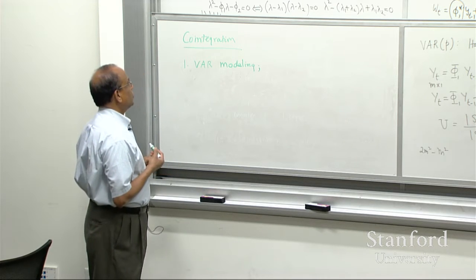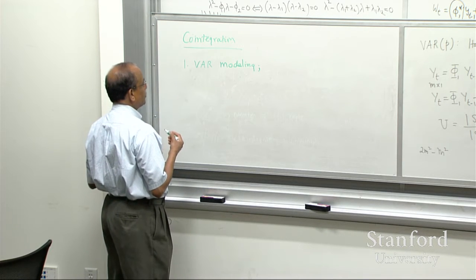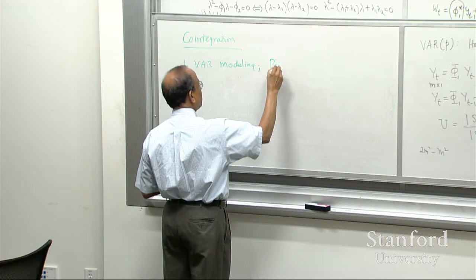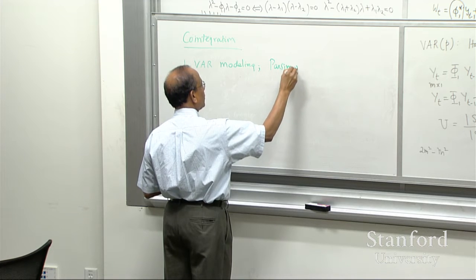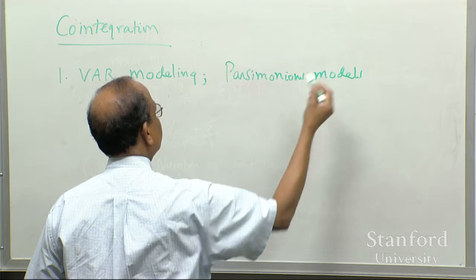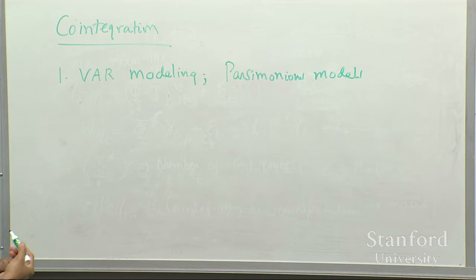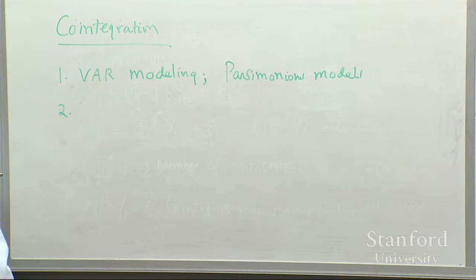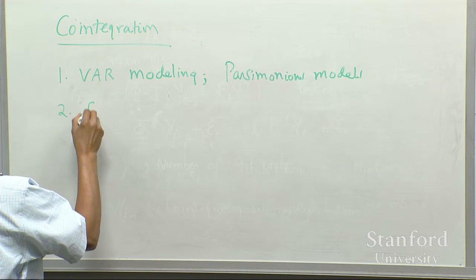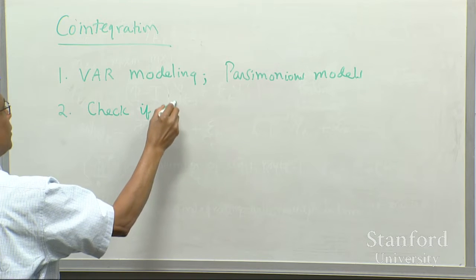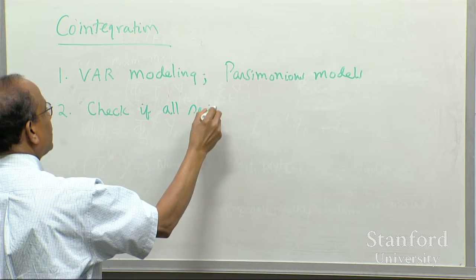The goal again is to get parsimonious models. So in order to do co-integration, we are going to do the following: check if all series are non-stationary.